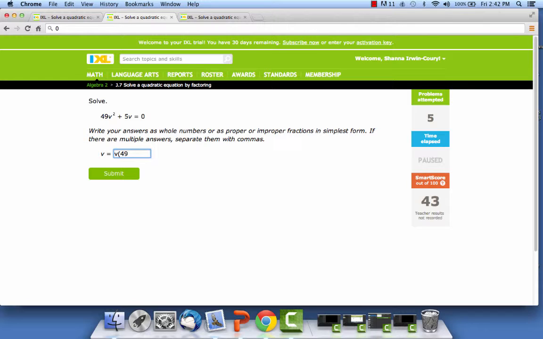So we have v times 49v plus 5 equals 0. So either v equals 0, because of that v there, or 49v plus 5 equals 0. So I would subtract 5, and then divide by 49.